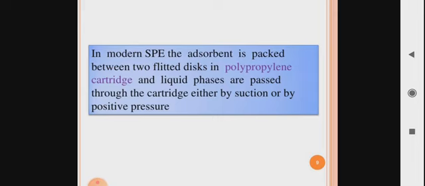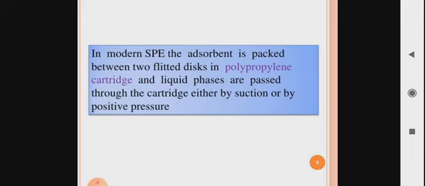In modern SPE, the adsorbent is packed between two pleated discs in a polypropylene cartridge, and liquid phases are passed through the cartridge either by suction or by positive pressure. So simply a syringe-like device, okay.